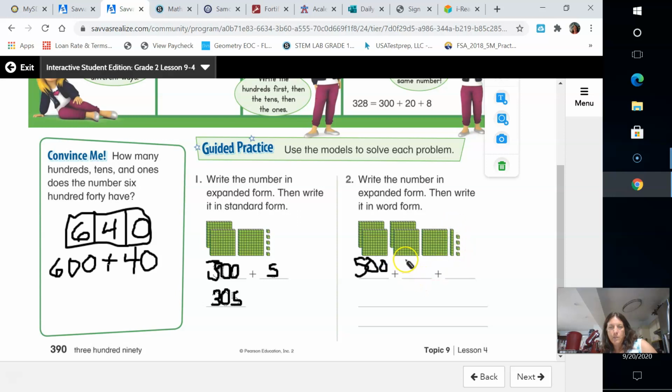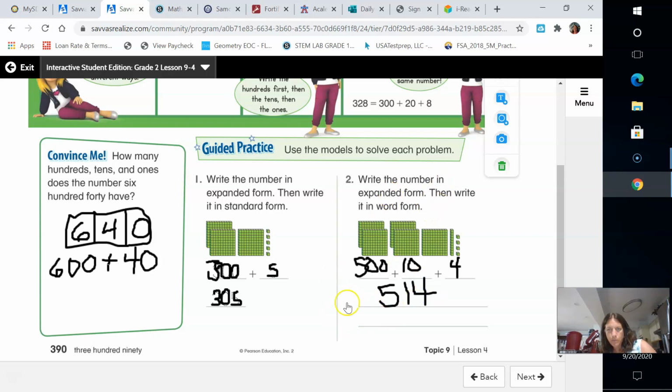There's only one, so that's worth 10. And then the value of the ones, 1, 2, 3, 4. 500, 10 and 4 make 14. Then on the second line, you're going to write the standard form, 514, and then we have to write it in word form.